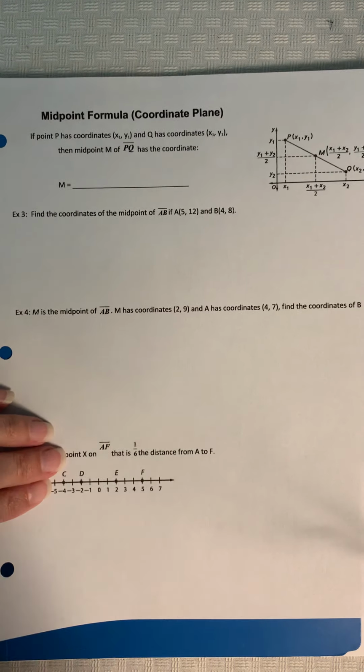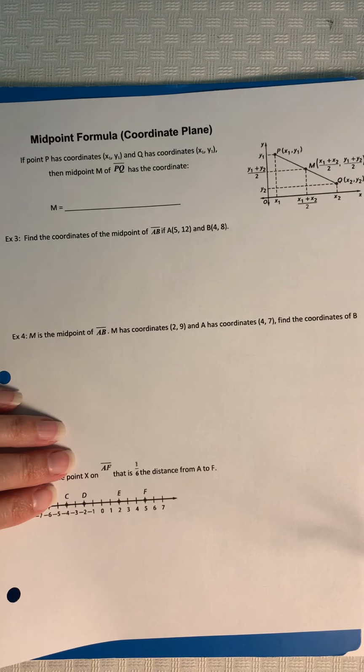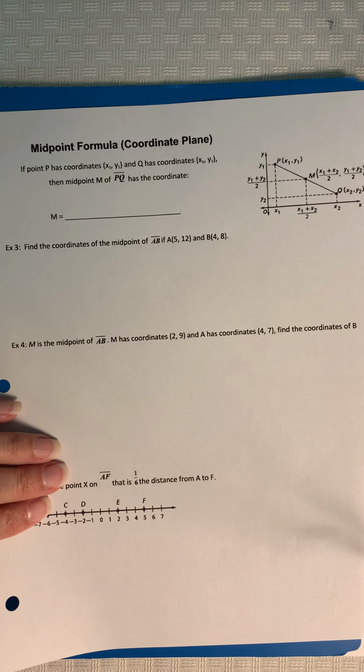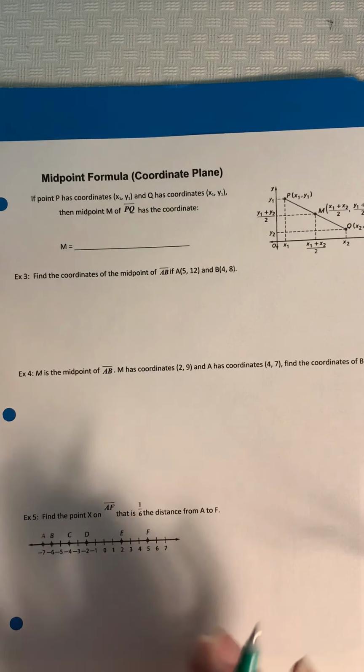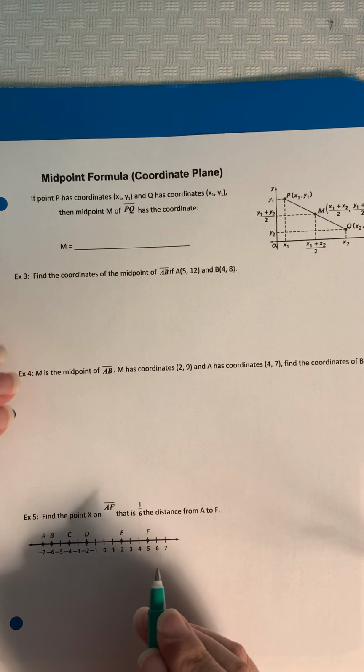And now we're going to go into the midpoint formula if it is on a coordinate plane. That was if it was just a segment that went horizontal or vertical.